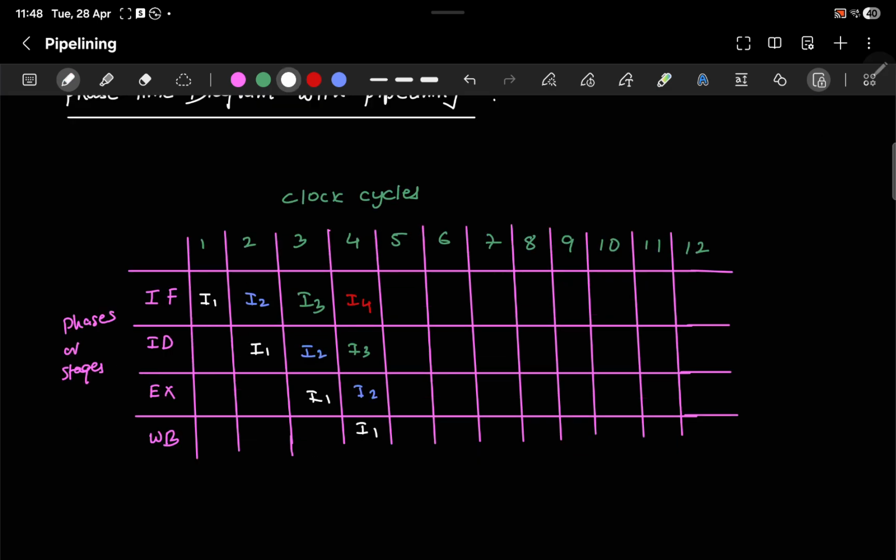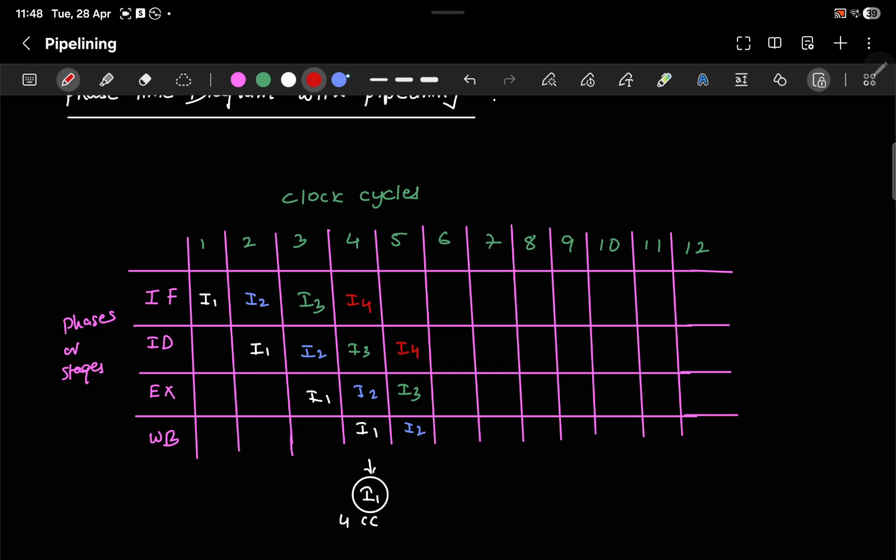Now you can see at the fourth clock cycle, I1 will come out. So it had taken 4 clock cycles for I1 to complete its execution. Now at the fifth clock cycle, I2 will move to the write back stage, I3 will move to the execution phase, and I4 will move to the decode phase, and the fetch phase is still empty.